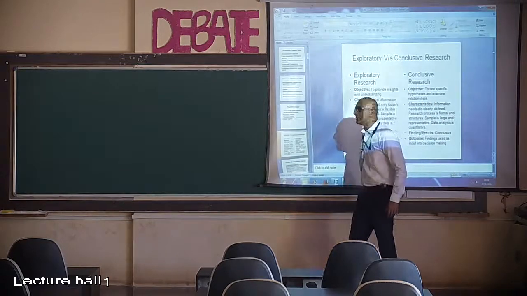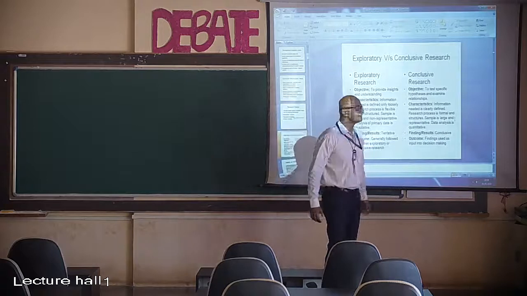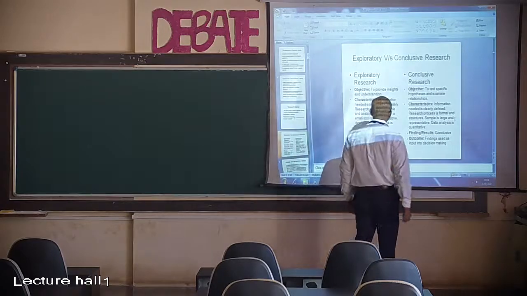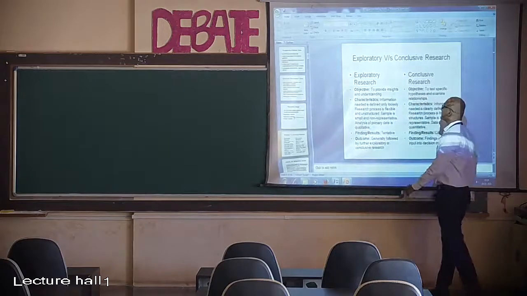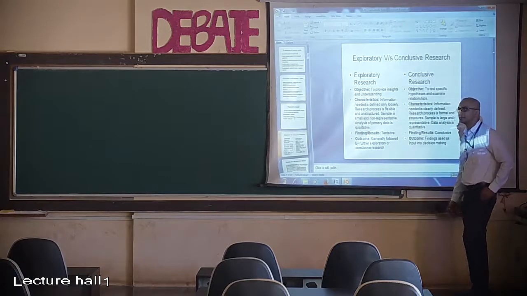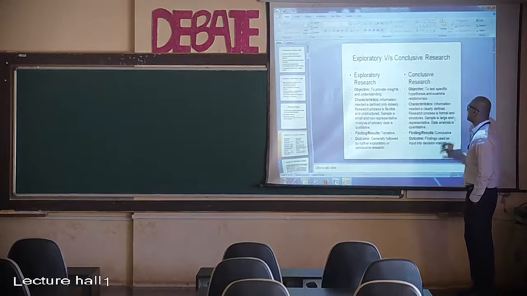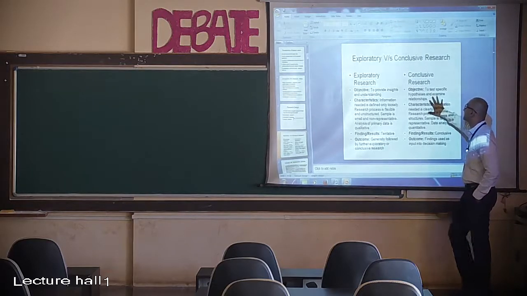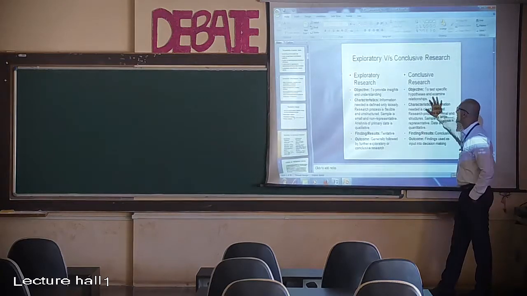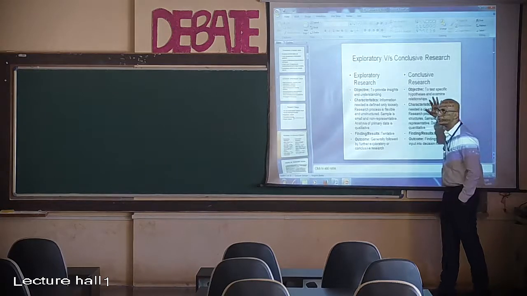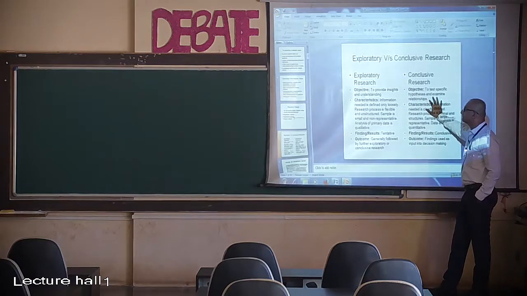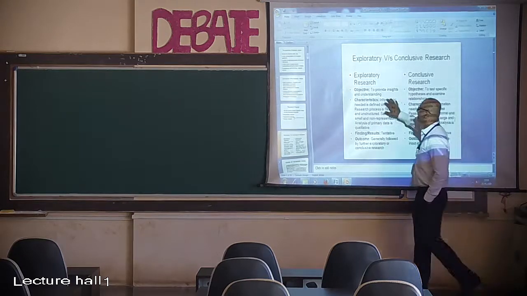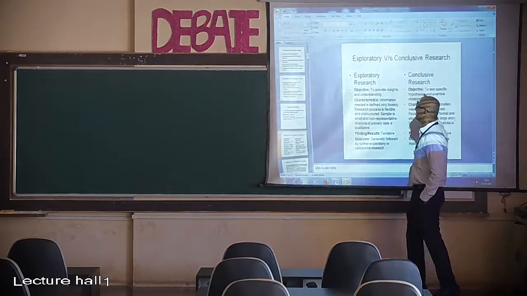Okay, so exploratory research and conclusive research. In exploratory research, the objective is to provide insights and understanding. Whereas for conclusive research, it is to test the specific hypothesis and examine the kind of relationship that is there between two different variables that we have taken for our discussion. So there is a basic difference here in terms of understanding.